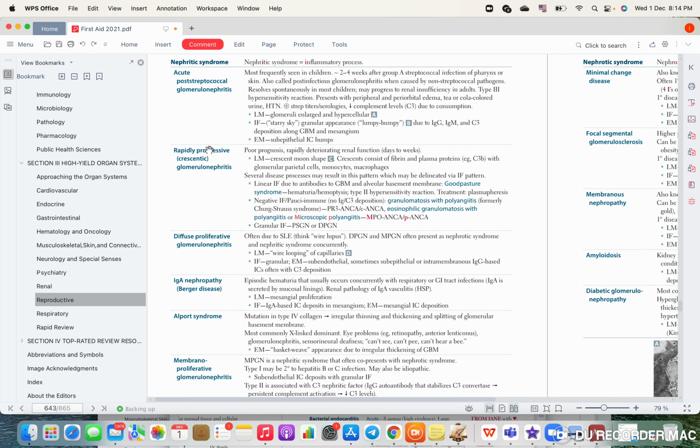Okay, speaking about the rapidly progressive crescentic glomerulonephritis, how can you differentiate between various types? Which test are you going to do? The immunofluorescence testing.